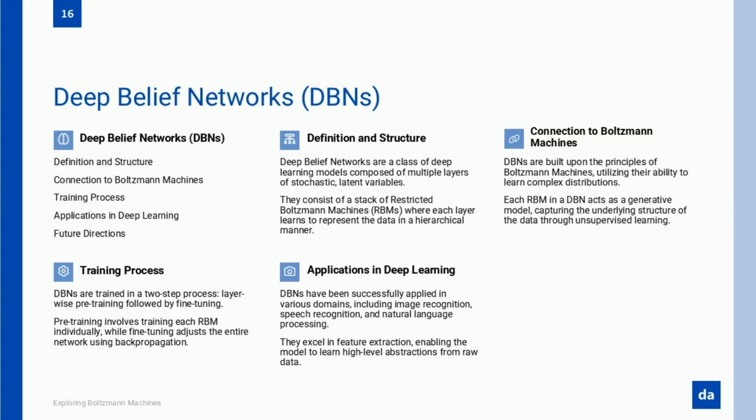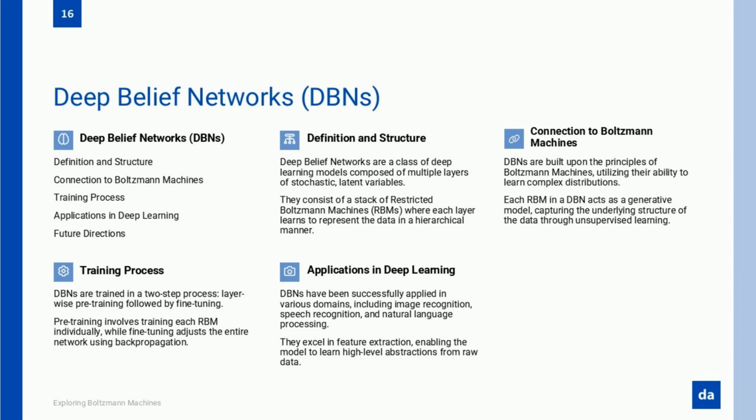Deep belief networks, DBNs, represent a major milestone in the evolution of deep learning, building on the foundation laid by restricted Boltzmann machines, RBMs, to create powerful, multi-layered models. Before DBNs, training deep neural networks was notoriously difficult due to problems like vanishing gradients and computational inefficiency.